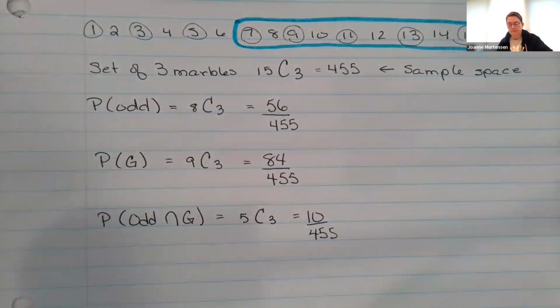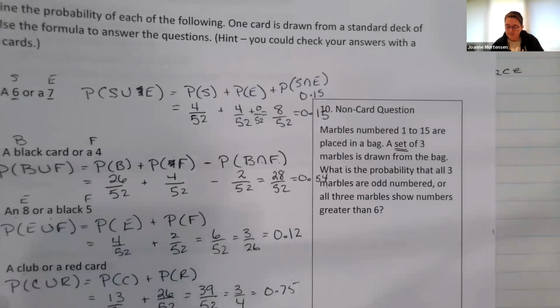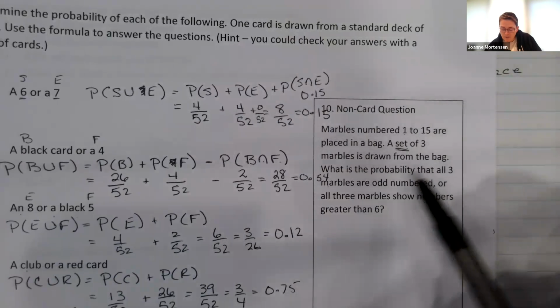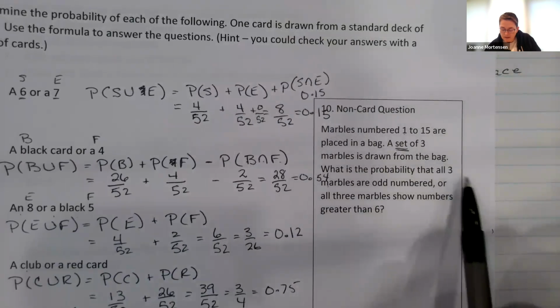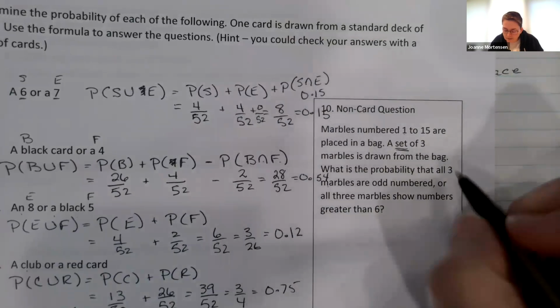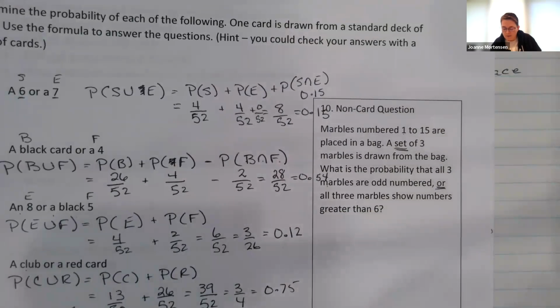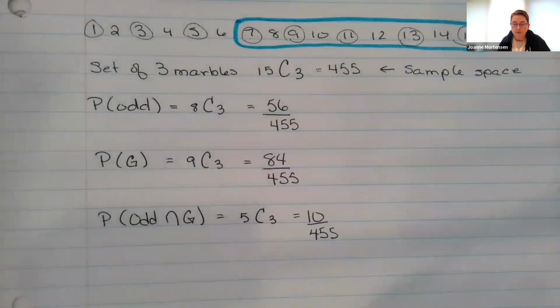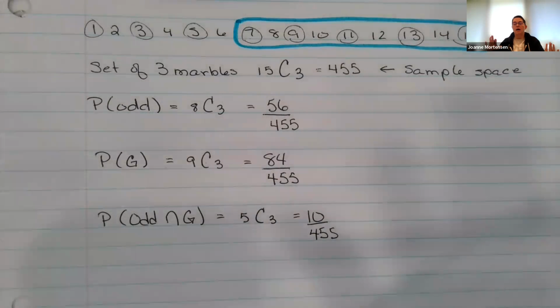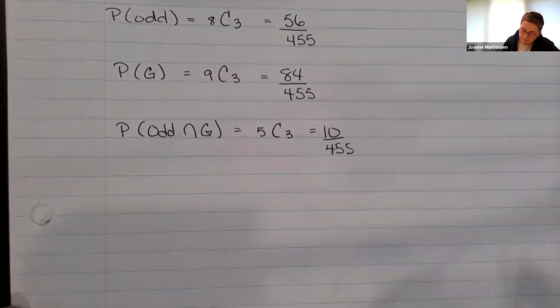So now I'm going to go back and reread my question. So we've got the marbles and the probability that all 3 marbles are odd or all 3 marbles are greater than 6. Okay, so now we can actually do the formula. If you can do all of this stuff in the formula all at once, I am so proud of you. I am not that person. I have to do it bit by bit, and now I'm going to reassemble it into the formula.